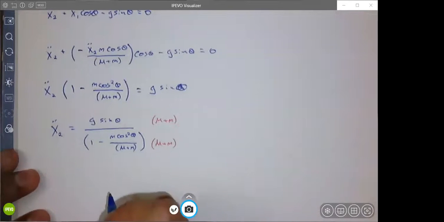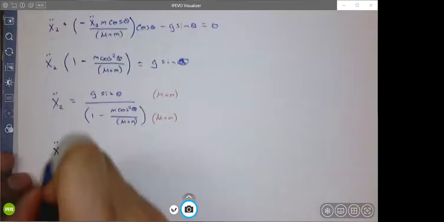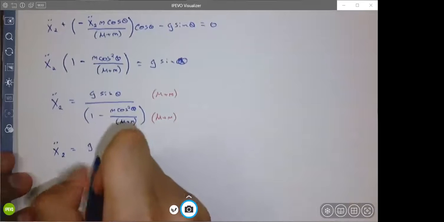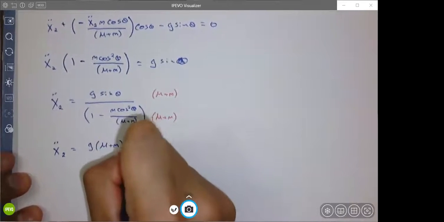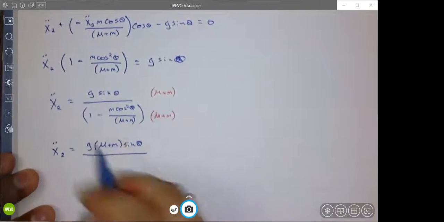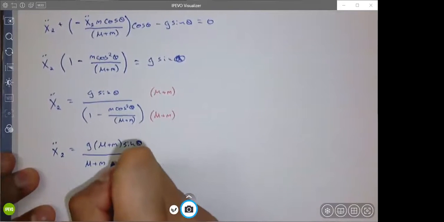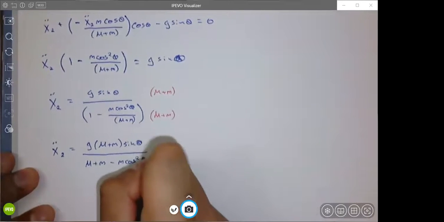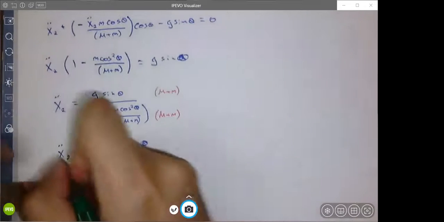So we end up with x2 double dot is equal to g times big M plus little m times sine of theta divided by the first term, which is going to be big M plus little m minus m cosine squared theta. And that is going to be our first equation.